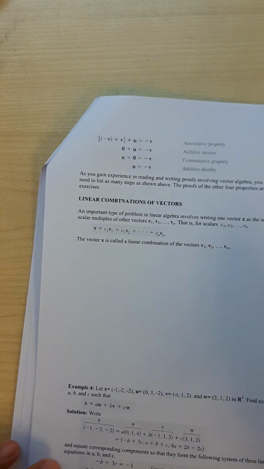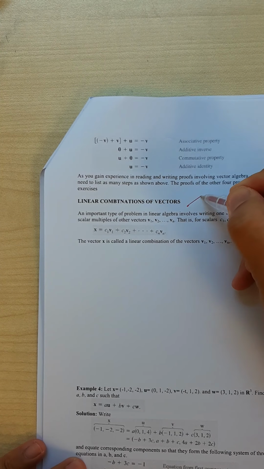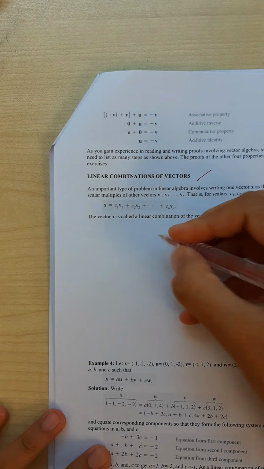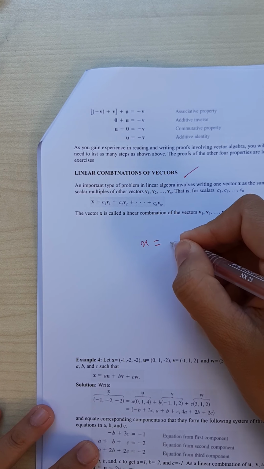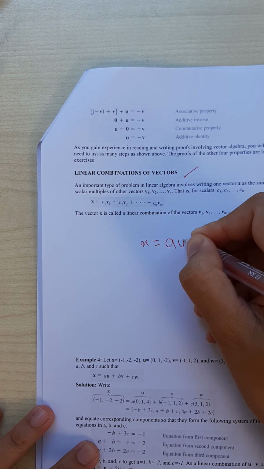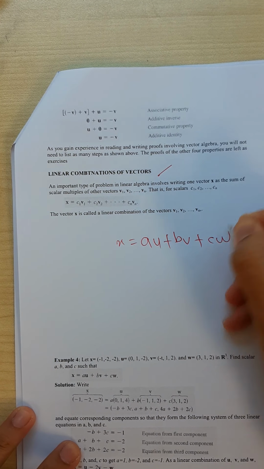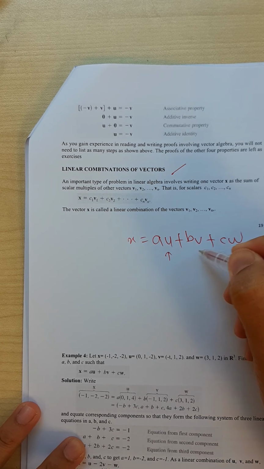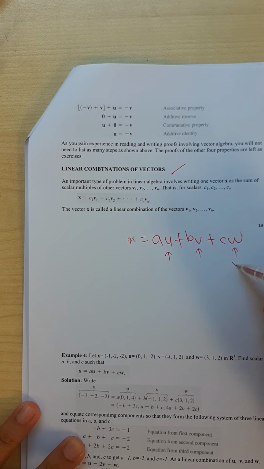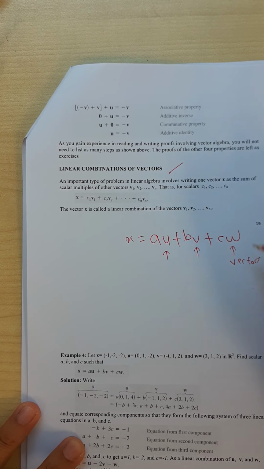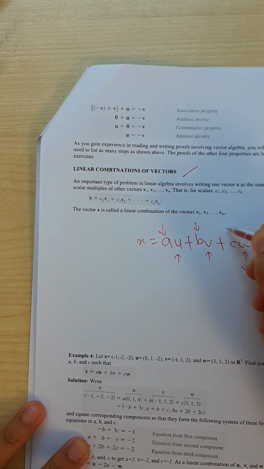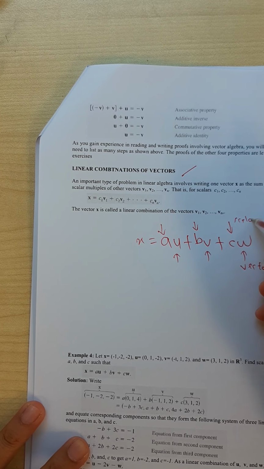And then we had a look at linear combination of vectors. For example, x equals Au plus Bv plus Cw, where u, v, and w are vectors, whereas a, b, and c are scalars.